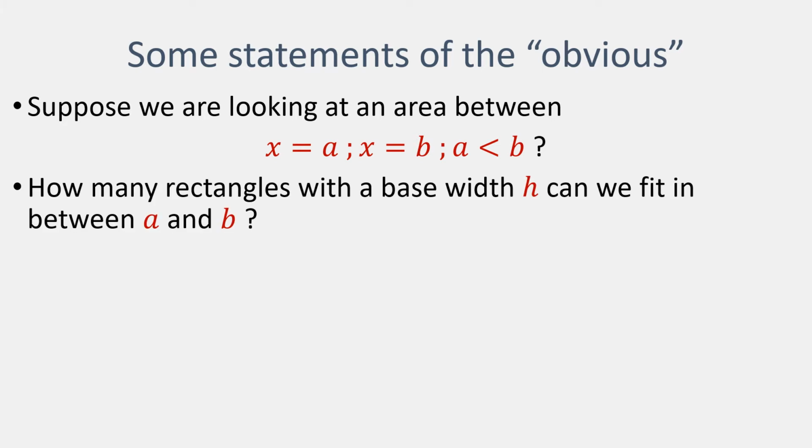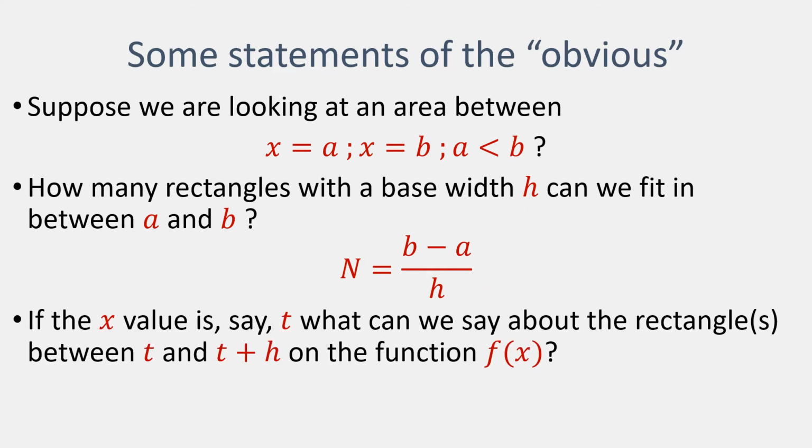So the first question we can ask is, how many rectangles with a particular base width can we fit into the space between this point and this point? And it's not too hard to see that that number is, we just subtract the smaller end from the upper end, and we divide that number by the total base width that we're going to be using.